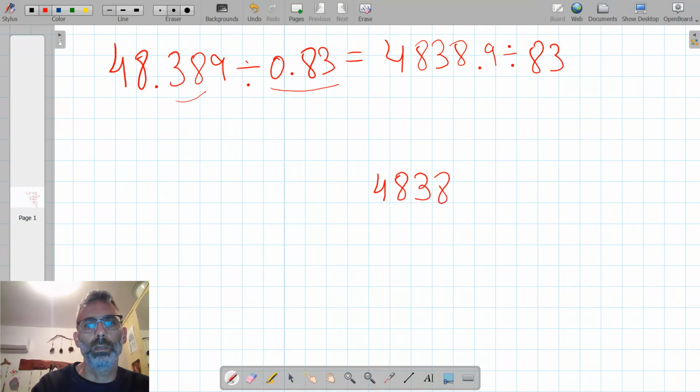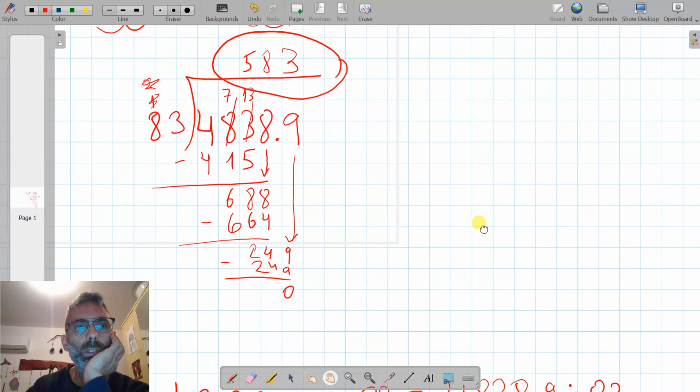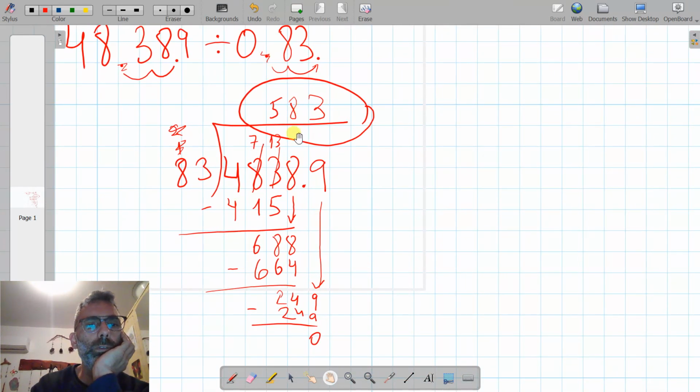4,838. And I'm doing the same step over and over again. I forgot to put the decimal point here. It's not 583, it is 58.3.